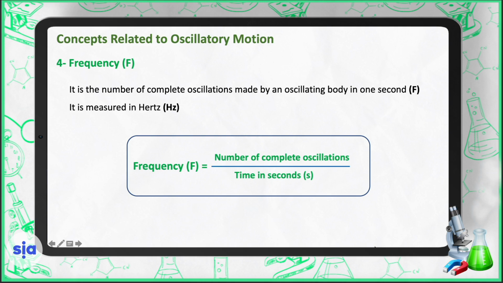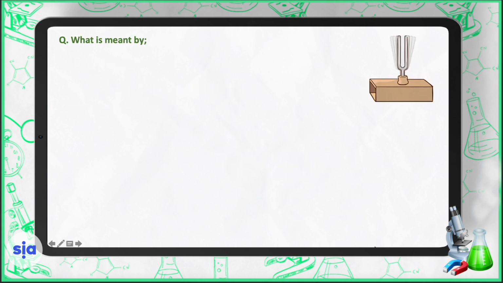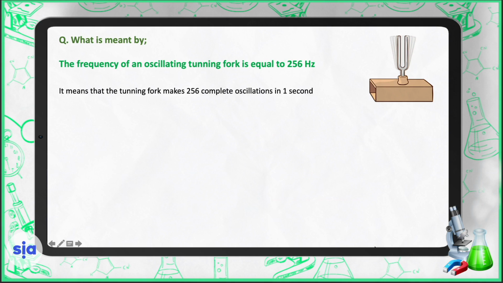Frequency is known to be the number of complete oscillations made in only 1 second, and it is measured in hertz. Here is the equation. Frequency equals number of complete oscillations divided by time in seconds. What is meant by the frequency of an oscillating tuning fork is equal to 256 hertz?